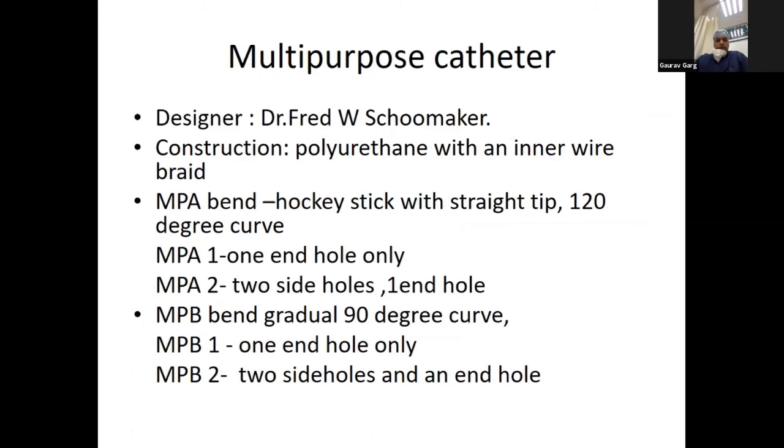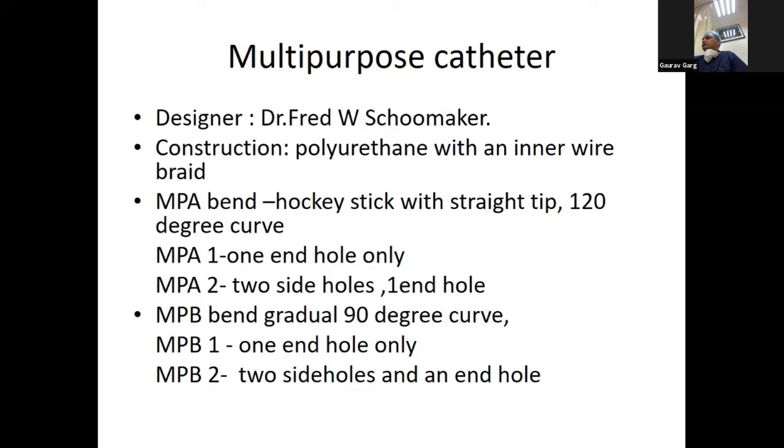Some catheters are a favorite for a particular operator, and with experience he learns that in these kinds of anatomies he can use these catheters very easily. So there is no strict dictum that a particular catheter should only be used for a particular anatomy; it should be the operator's choice, whichever catheter he feels comfortable will go very easily, according to his experience.